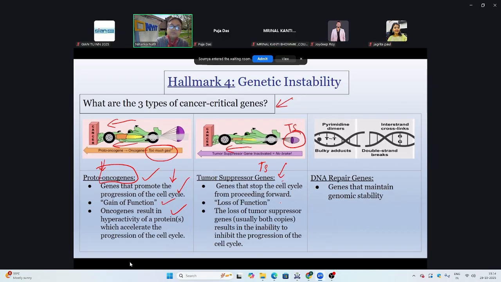So if there's a loss of function, and if there's too much loss of function in both chromosomes, then it just goes ahead and keeps on multiplying. You cannot hold the horse back; it just keeps going. So two copies have to be lost. Loss means it's either a defect or the gene is just not there. For P53 and what did I say? What's the other one?